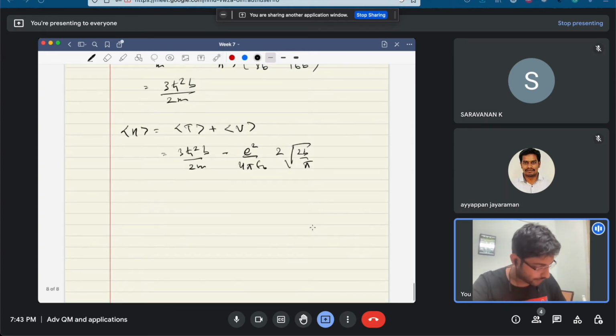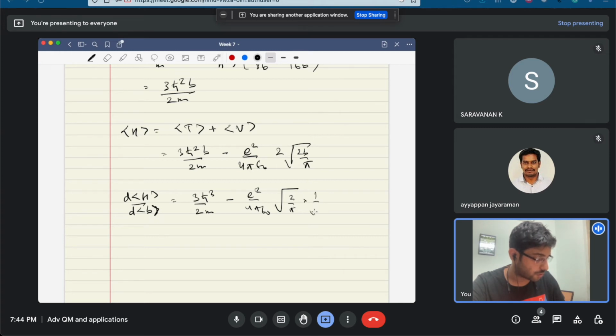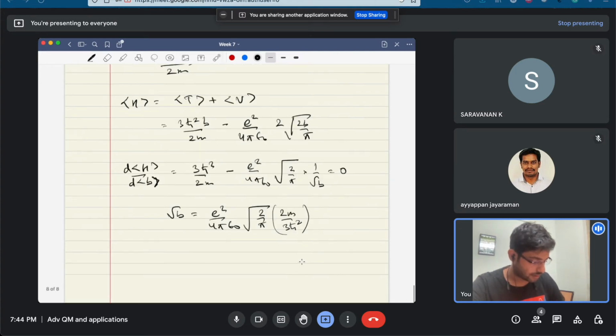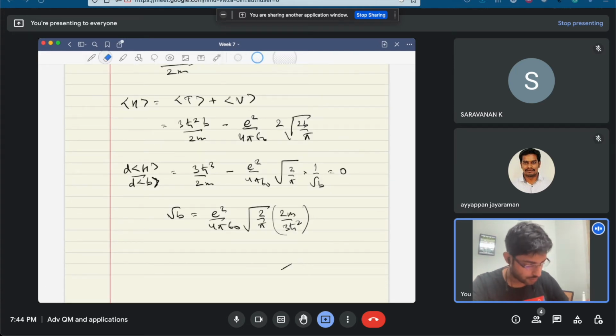So taking the derivative with respect to b, we get 3h bar square by 2n minus e square by 4 pi epsilon naught 2 by pi by root b equal to 0. So your root b essentially comes out to be something like 4 pi epsilon naught 2 by pi 2n by 3h bar square. Just taking it on the other side, nothing special here.